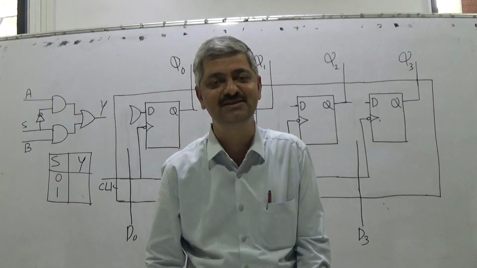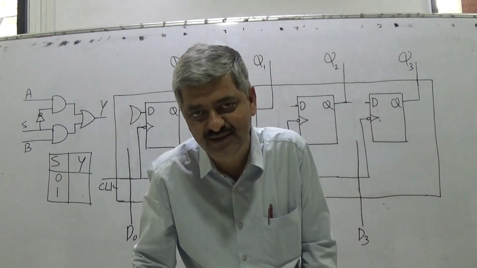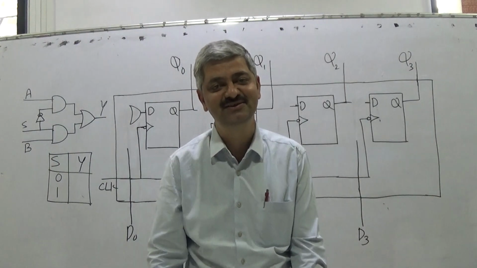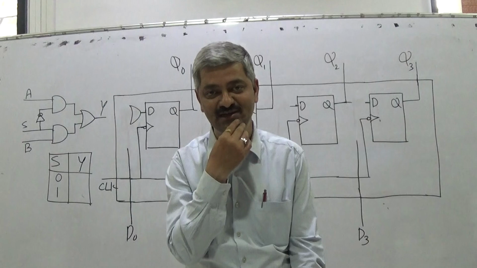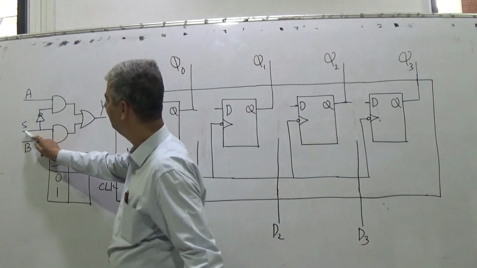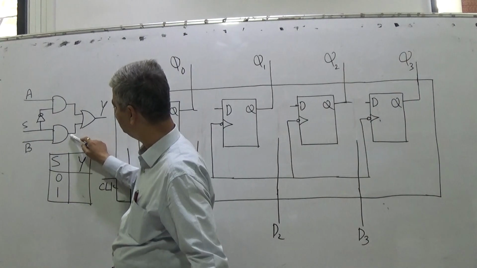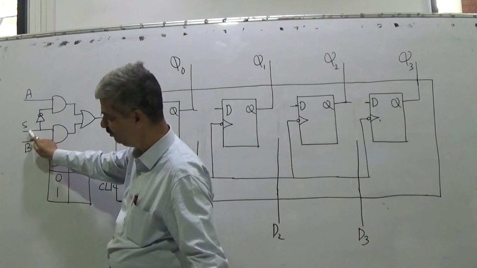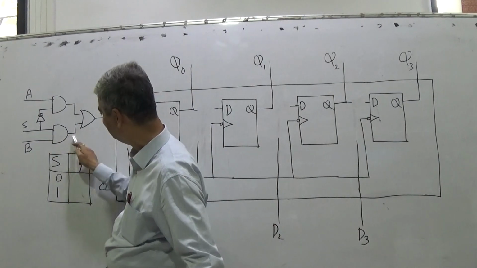As I already said, three decades back it was a very important concept which should be taught in detail. Now it is too simple. When S is 0, this is 0, this is 1. When S is 0, irrespective of B, this is 0.